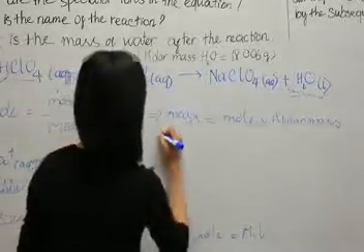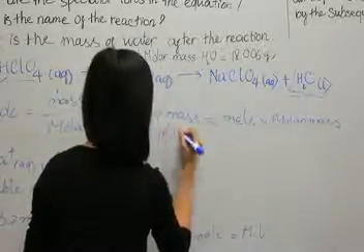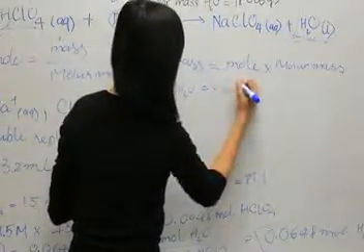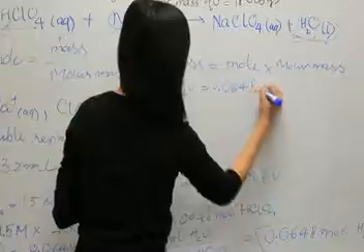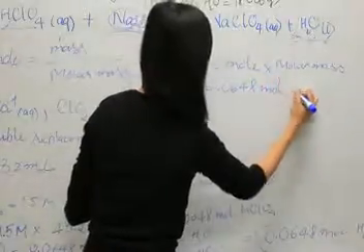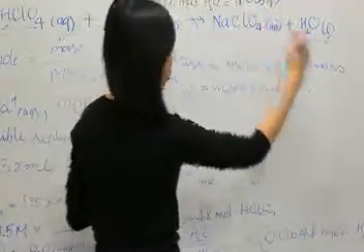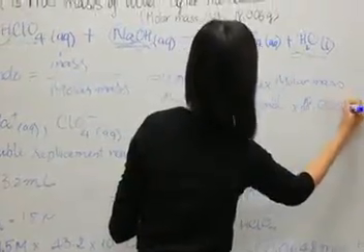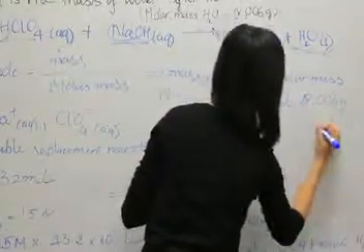So the mass of the water is going to equal my moles of the water, which is 0.0648 mole, times the molar mass of the water, which is 18.006 grams divided by 1 mole.